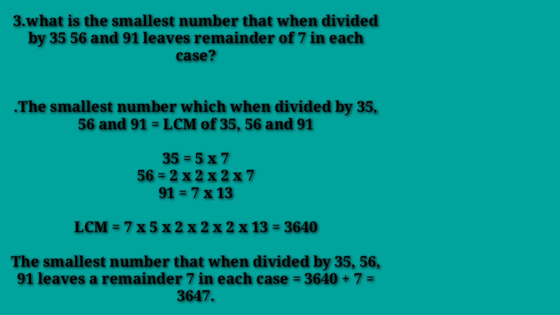So the LCM of 35, 56, 91 will be 3640. So the smallest number that when divided by 35, 56, 91 leaves remainder 7 is 3647, by adding 7.